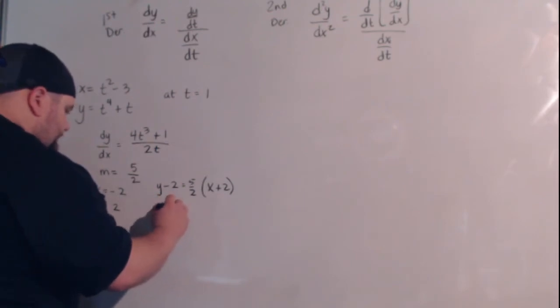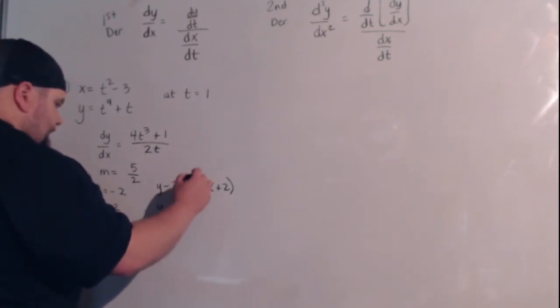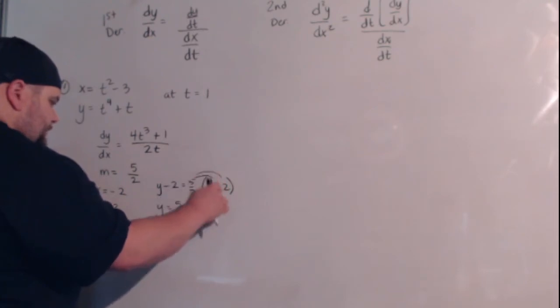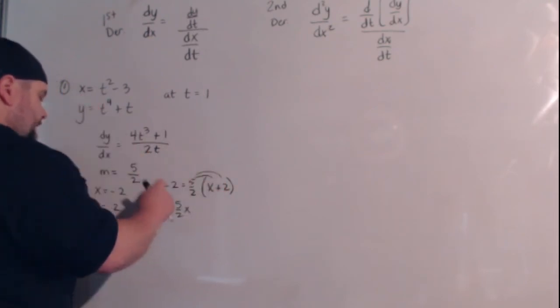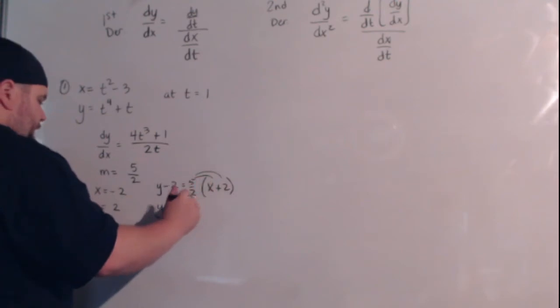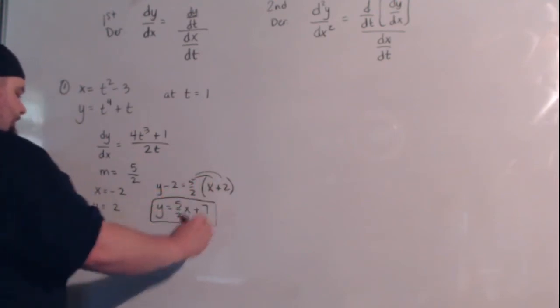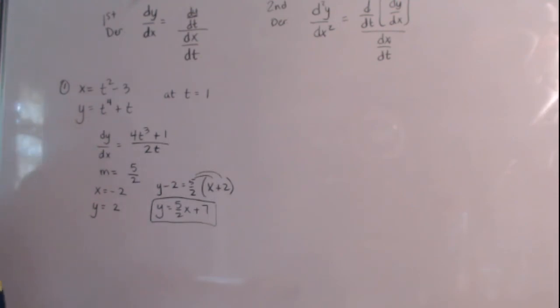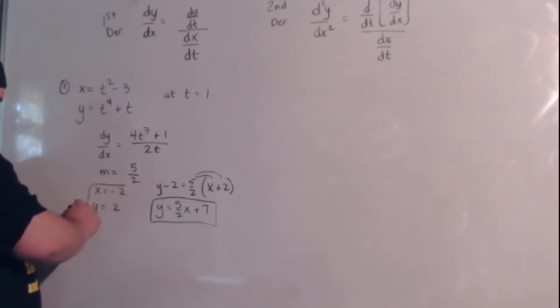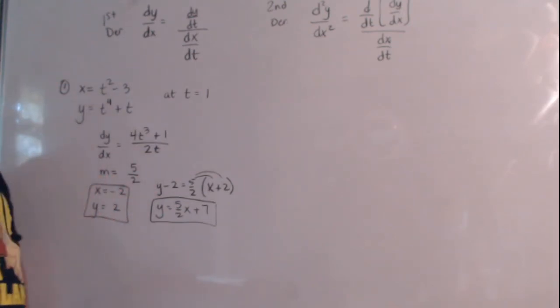So y equals 5/2 x. When I multiply these two, then I'm going to get 5, and move the 2 over, it'll be 7. So that should be the equation of the tangent line for t equal 1, or at the point (-2, 2).